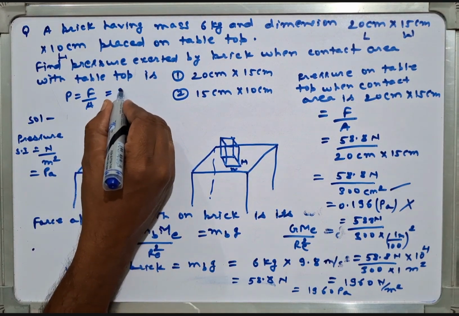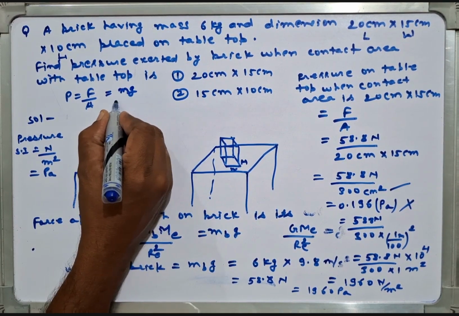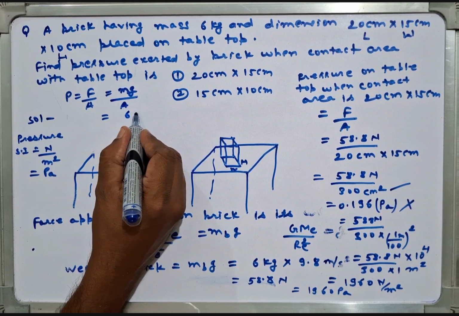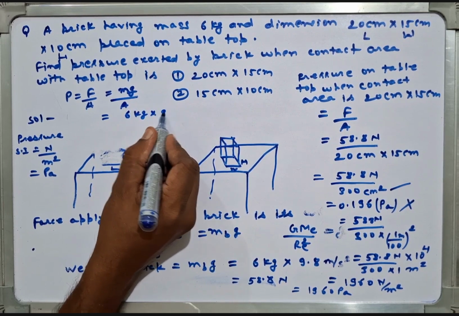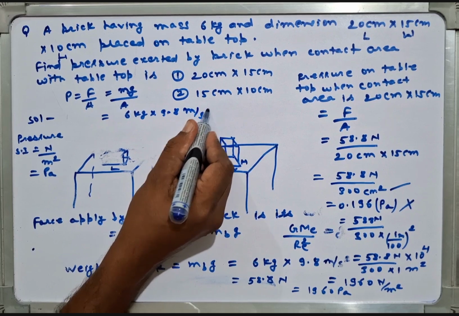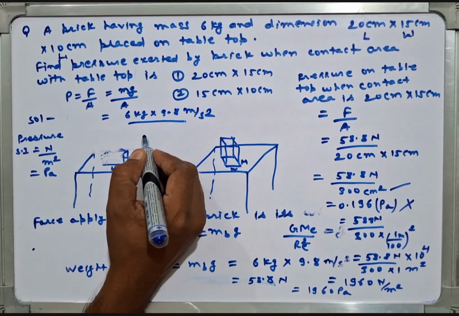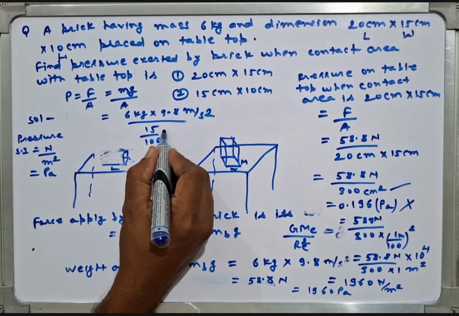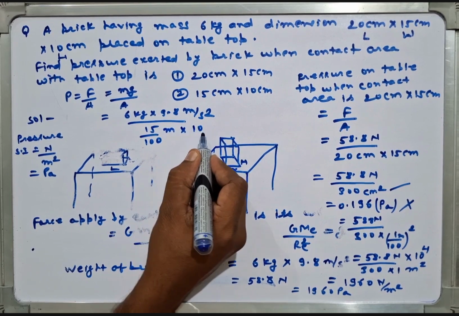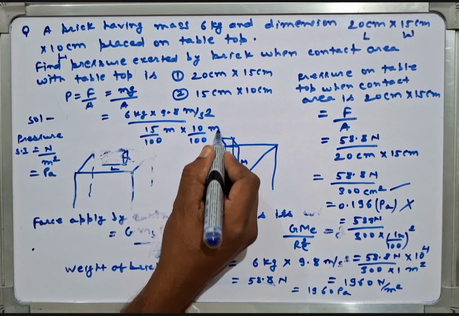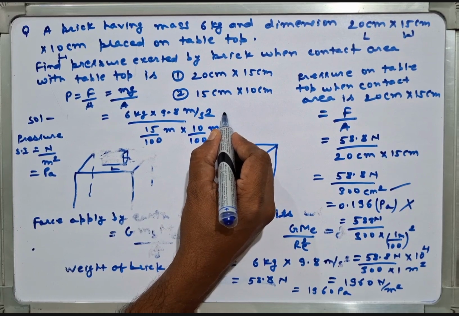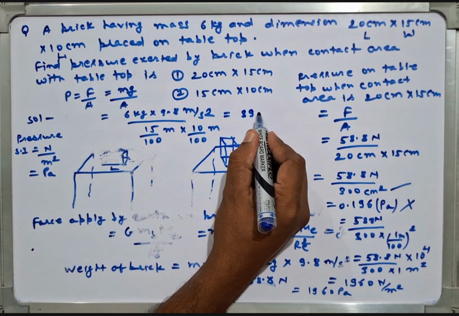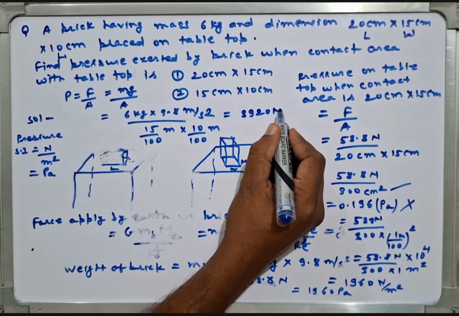So this is again mg, and now the area we again write in SI units, in meters. When you solve this, it comes to 3920 Newton per meter square.